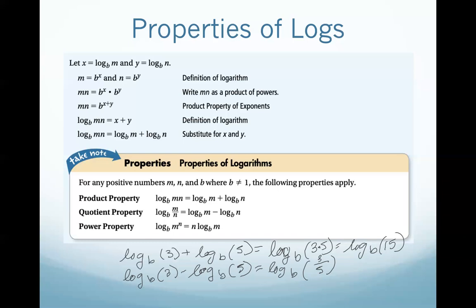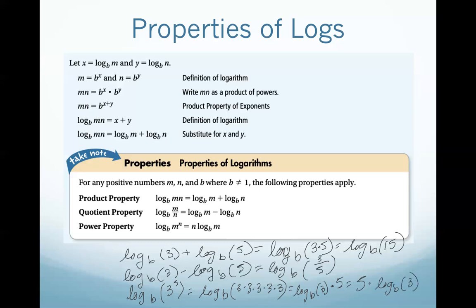So if I have log base b of, I'm using numbers, 3 to the 5th, this would be the same as log base b of 3 times 3 times 3 times 3 times 3, which would turn into log base b of 3 plus itself 5 times. So then we can say times 5, which is 5 times log base b of 3.